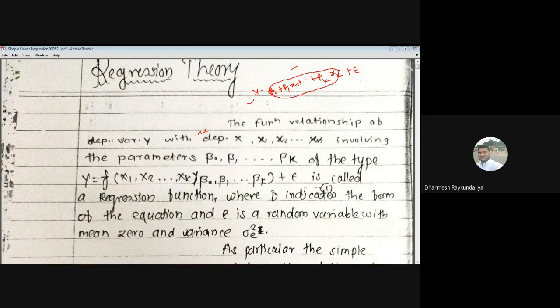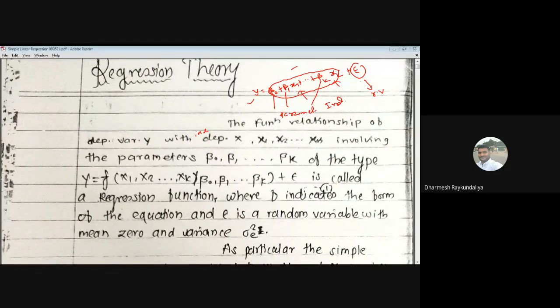Y is the dependent variable. X1, X2, Xk are independent variables. Epsilon is said to be a random variable, because it is a random quantity, and beta 0, beta 1 and beta k are nothing but the parameters.